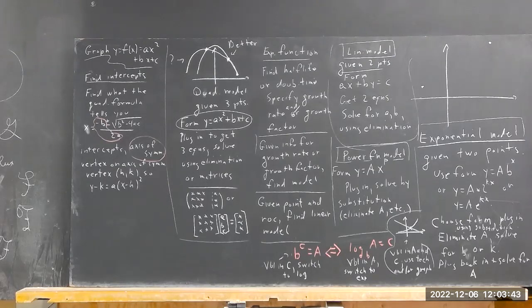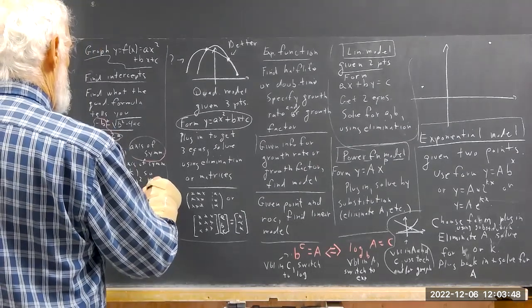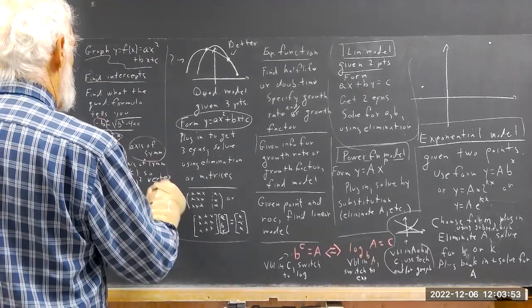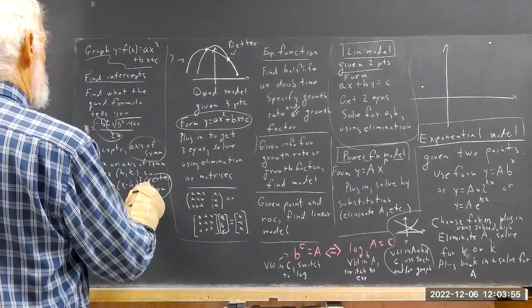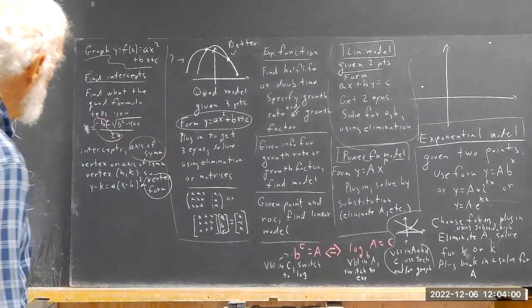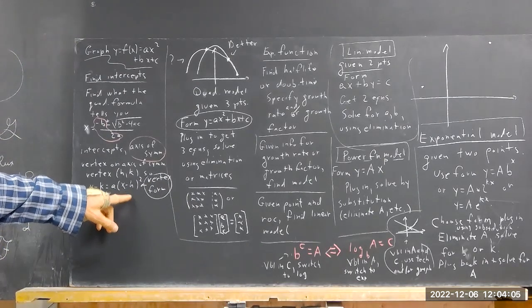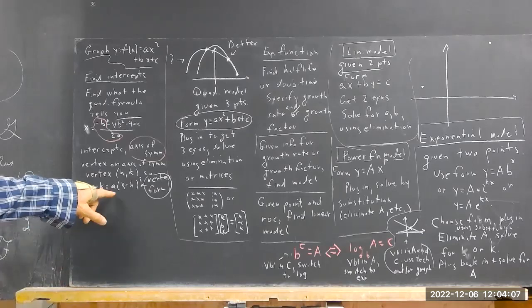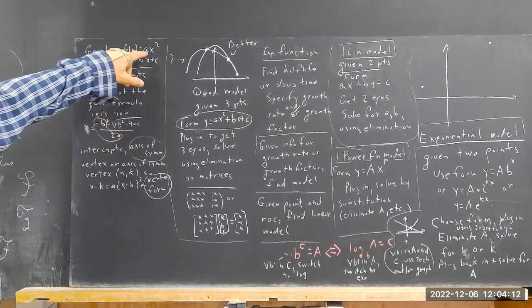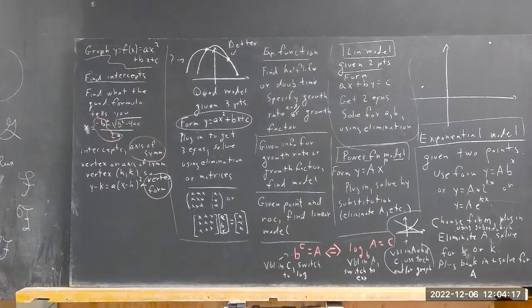That's vertex form. If you expand this square and bring all your numbers together, and solve for y, you're going to get the same thing you started with. And I might well ask you to do that.